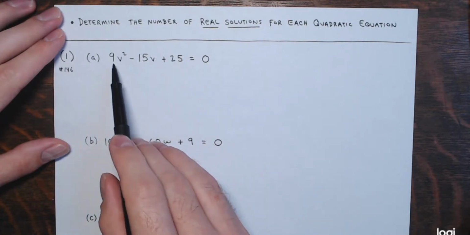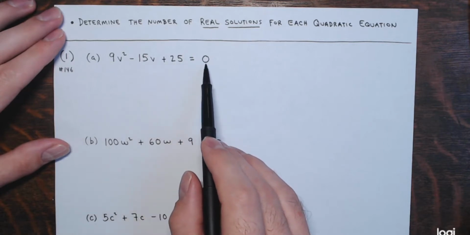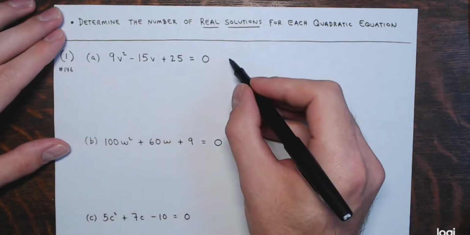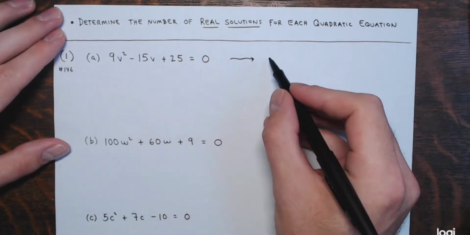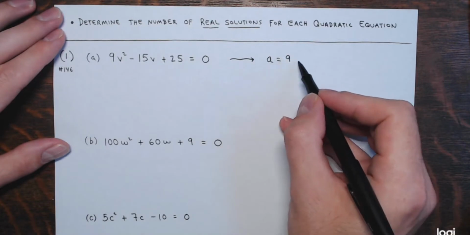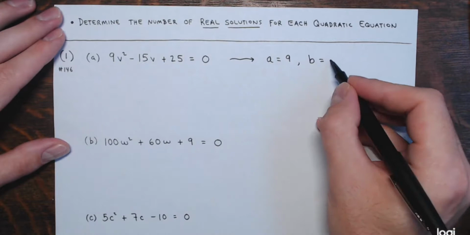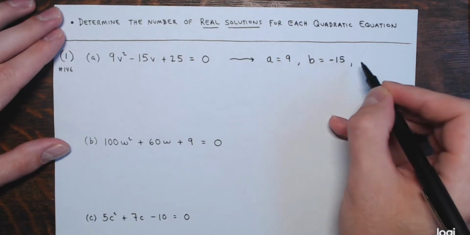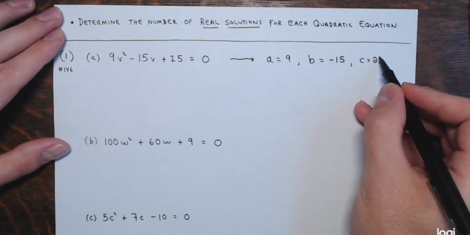It's a quadratic term plus a linear term plus a constant term equals 0. So I'm going to identify the a, b, and c. A is the quadratic coefficient, 9. B is the linear coefficient, negative 15. Don't forget the negative. And c is the constant term, positive 25.